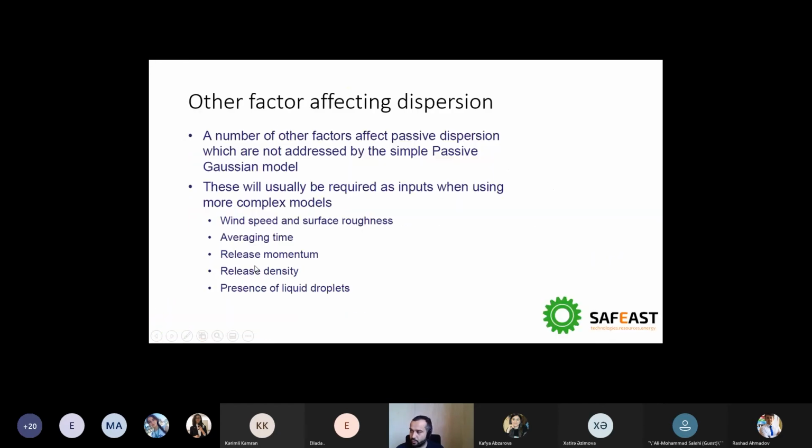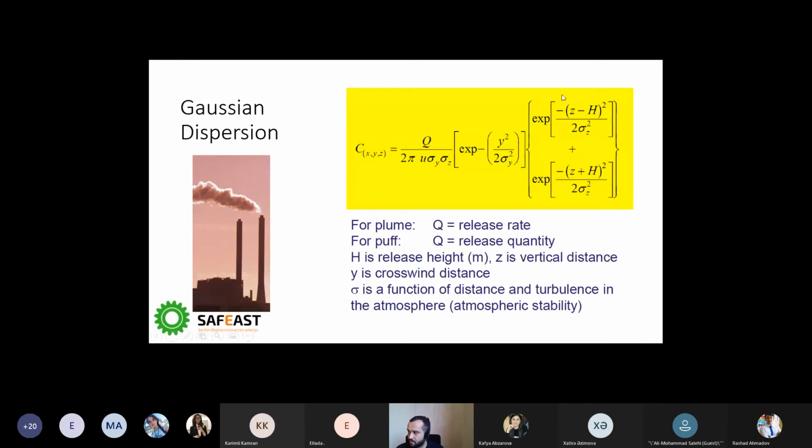If you put Z and Y as zero, the formula becomes very simplified, and you will have just Q, the wind factor, and the Gauss constants. With that, you can easily calculate your concentration at a certain distance from the source of the release.